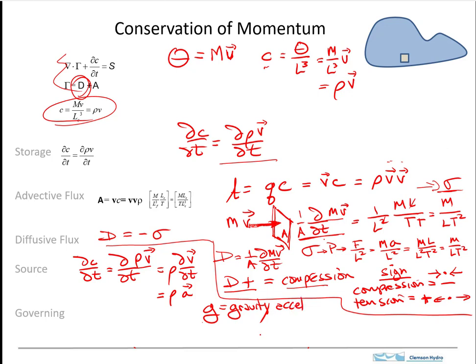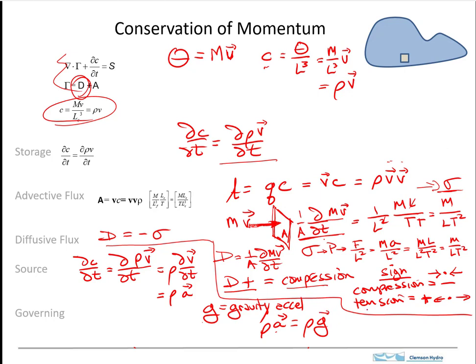So we can say, well, rho a, one case of that would be equal to g times rho g. Let's write it as rho g. Where this is just a generic acceleration, but we're saying, well, let's consider it specifically gravity, the gravitational acceleration.